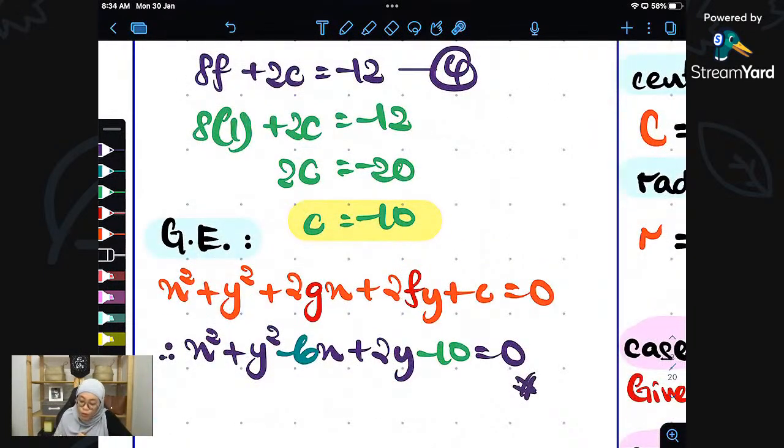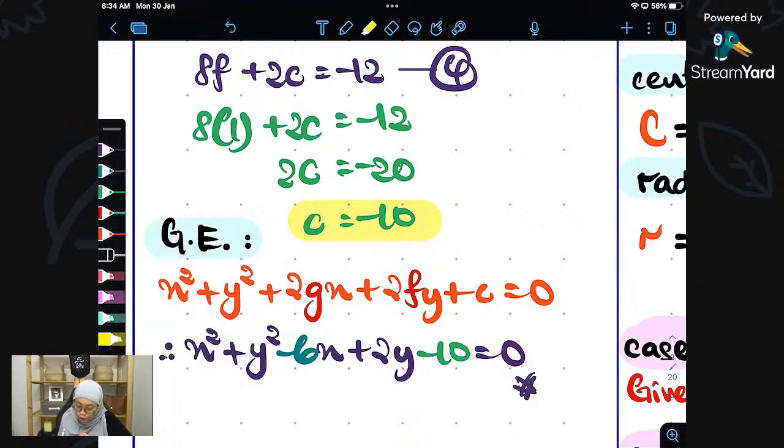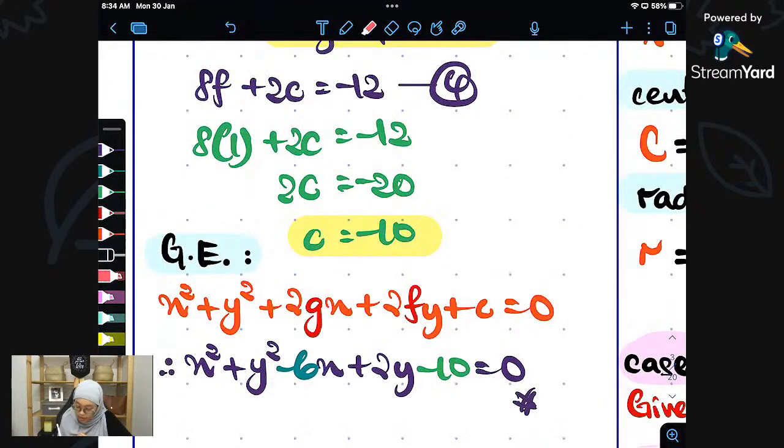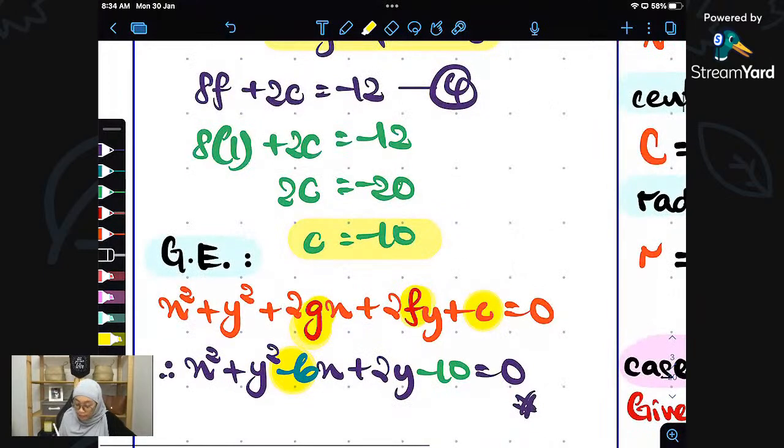And so now we are ready to sub in our value of G, our value of F, and our value of C. Maybe I should use yellow color. Yeah, our G, our F, and our C. So our G value is negative 6, as we have negative 6.